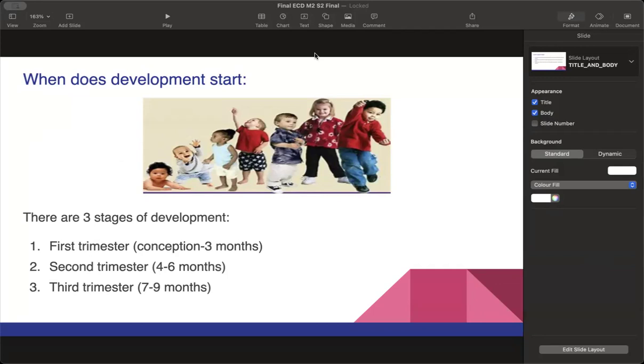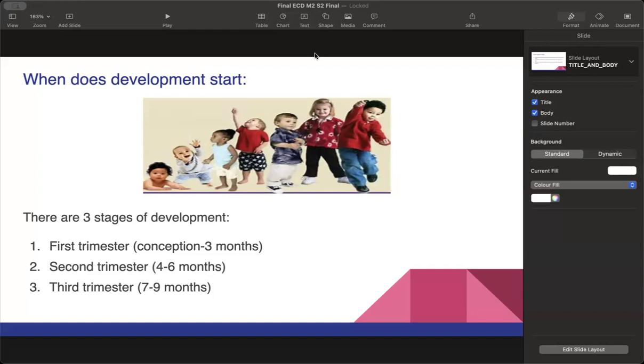And when you divide something in 3, you call it a tri something. In this case, it's a trimester. So from the stage of conception, when the sperm fertilizes the egg, that is conception, up to the age of 3 months, there's a lot that happens during that time. That's the first trimester. Then we go into the second trimester, that is from 4 to 6 months. And then the last trimester, the third trimester, that is 7 to 9 months.